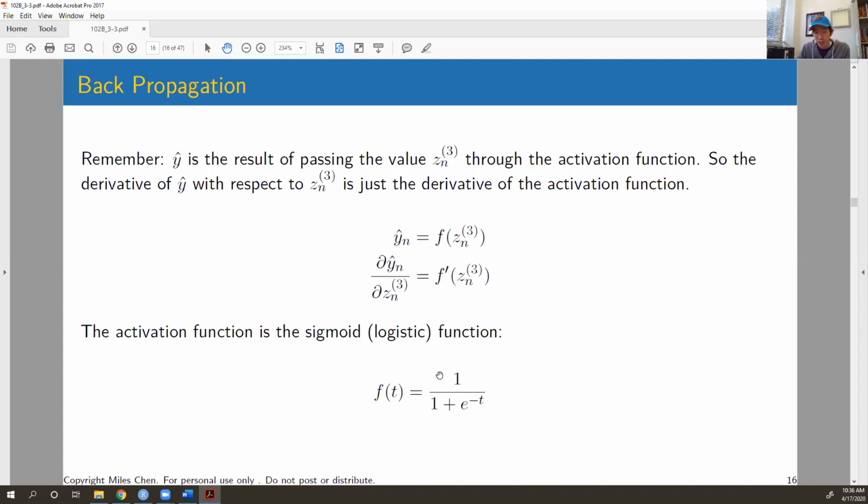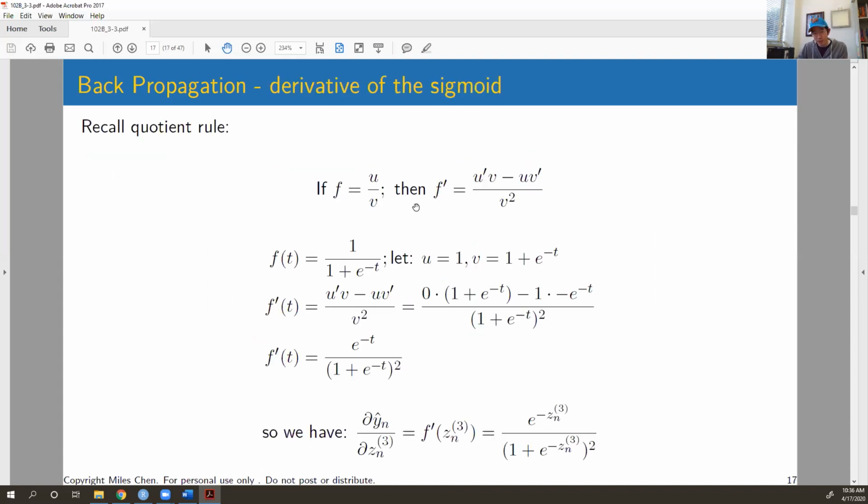So if this is our activation function, the sigmoid function, 1 over 1 plus e to the negative t, then the derivative of this, using the quotient rule, so remember the quotient rule from calculus: the derivative of u over v is (u prime v minus u v prime) over v squared. We're going to let u equal 1 and v equal 1 plus e to the negative t, and you do all of this derivation, and you're going to get f prime equal to e to the negative t over (1 plus e to the negative t) quantity squared, okay?